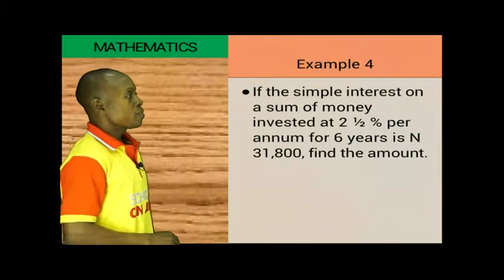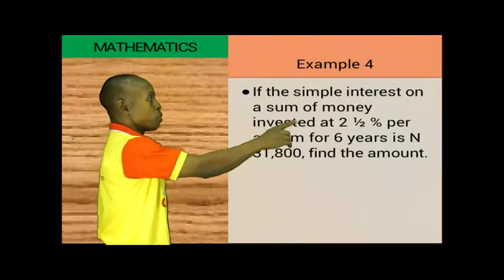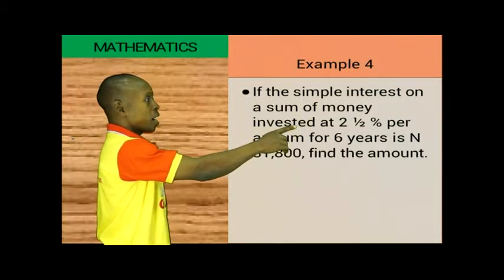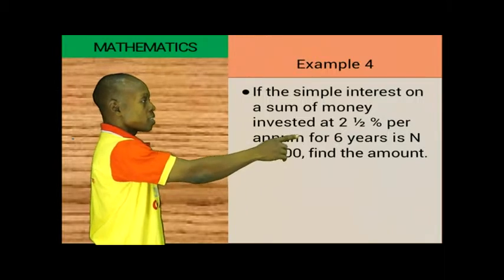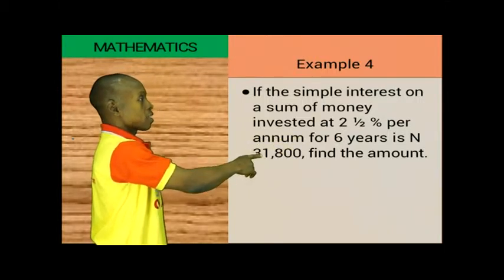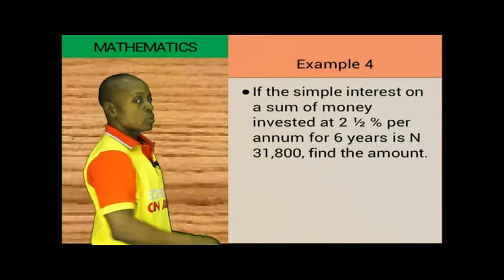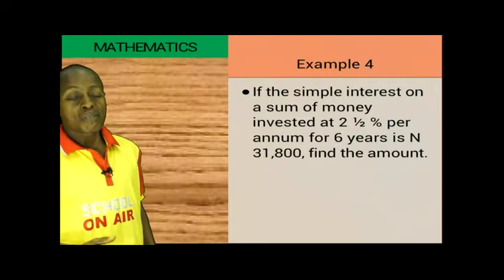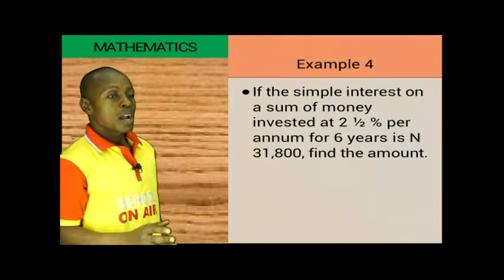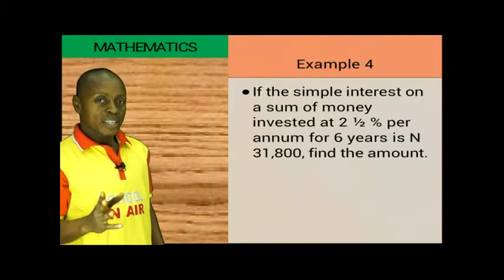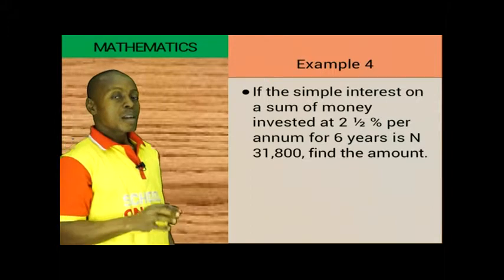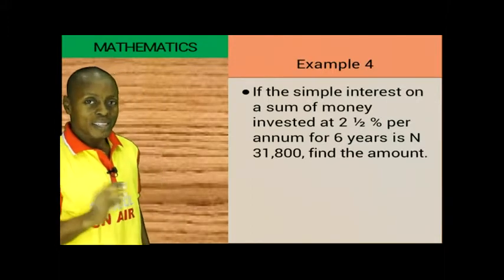Example 4. If the simple interest on a sum of money invested at 2.5% per annum for 6 years is 31,800 naira, we have to find the amount. I told you earlier that the formula for amount is principal plus interest.